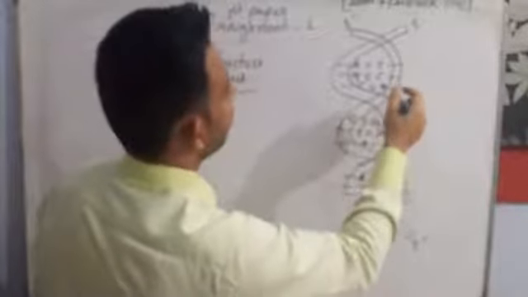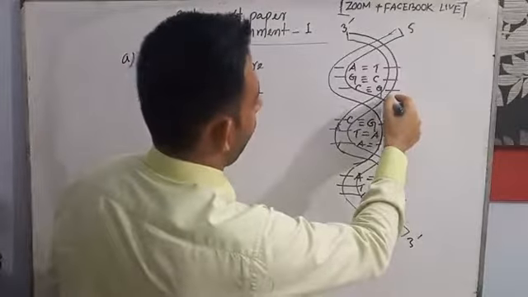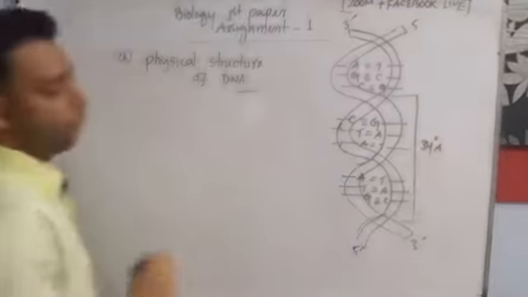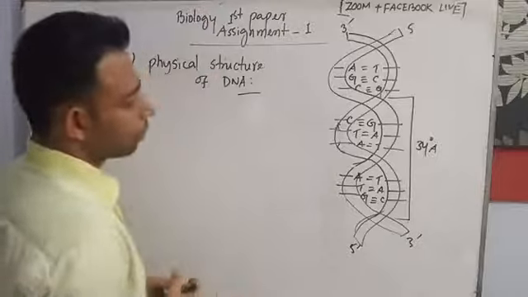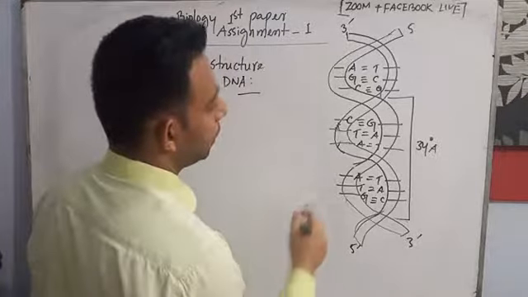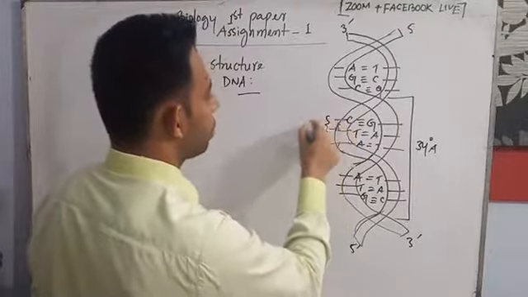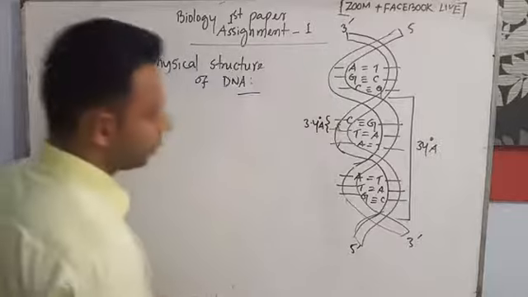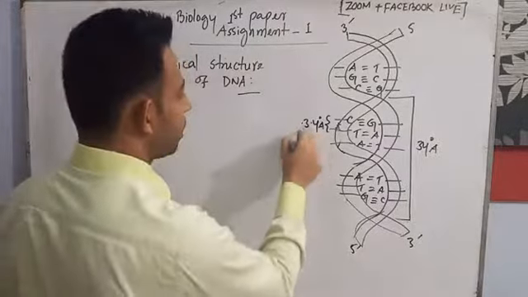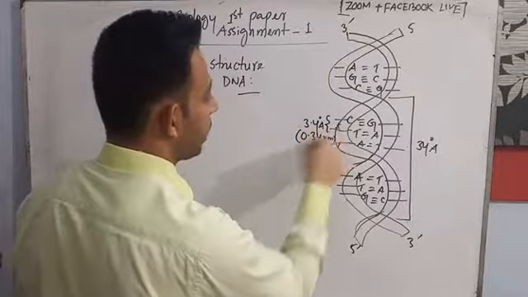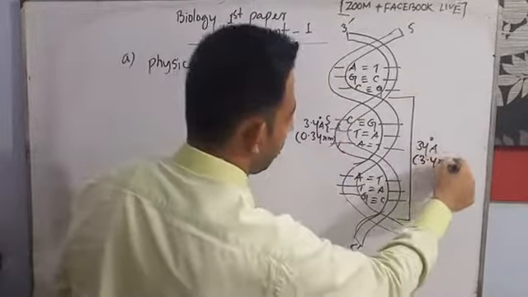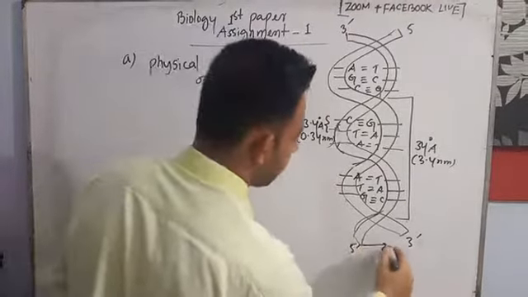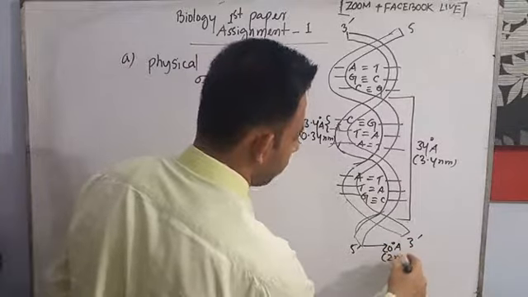A complete twist is 34 angstrom. Then in between these two nucleotides, 3.4 angstrom, or in nanometers, 0.34 nanometer, you can write. And 20 angstrom, this is the diameter, or 2 nanometer, you can write there.